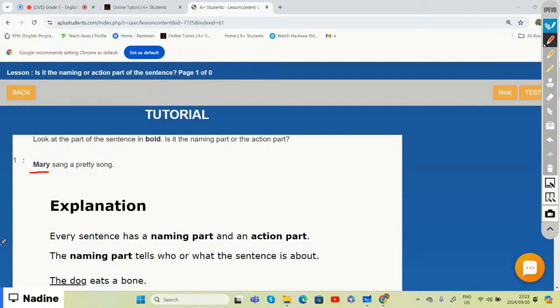We need to say, is it a naming part or is it an action part? It says, Mary sang a pretty song. Do you think that is a naming part or do you think that is the action part within a sentence?